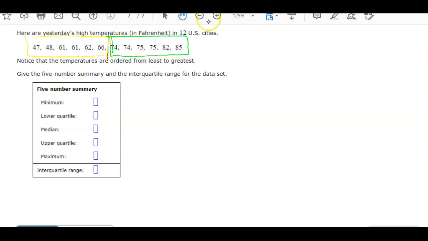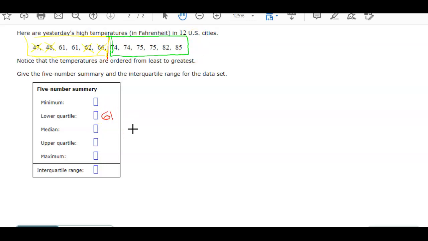the top. So for the lower quartile, which is in yellow, let's come on down here, and we'll cross off one there, one there, one there, and one there. So we have two numbers that are in the middle. So we have the 61. So the lower quartile is going to be 61.